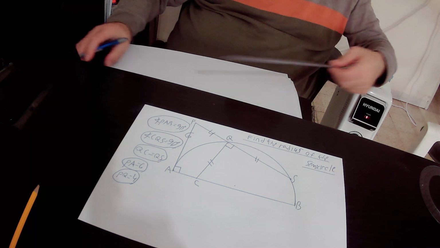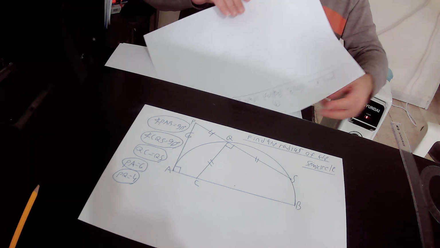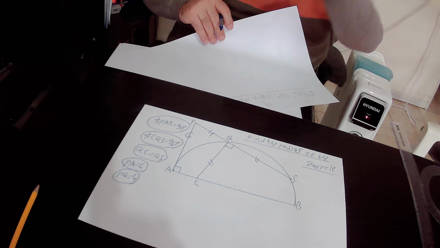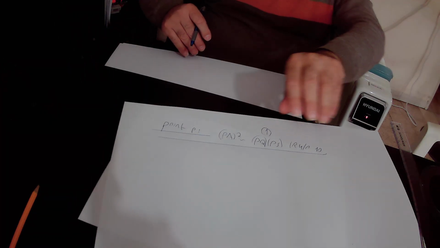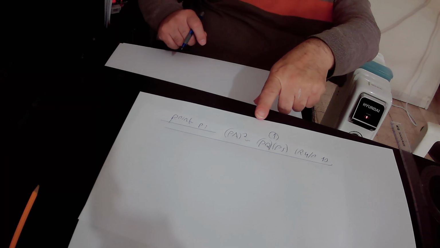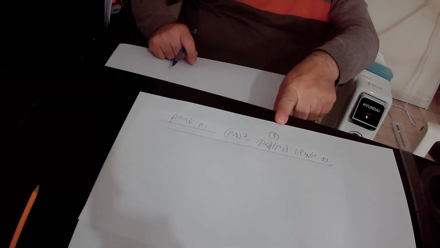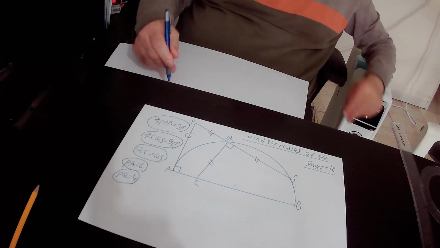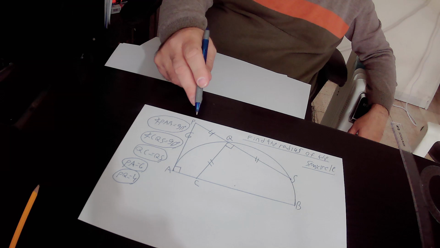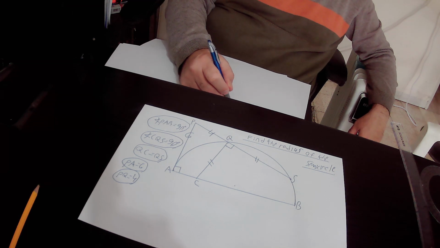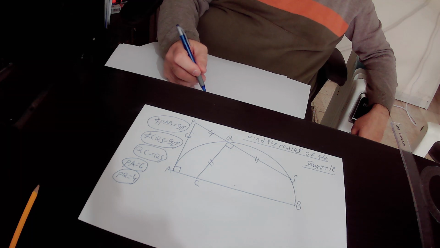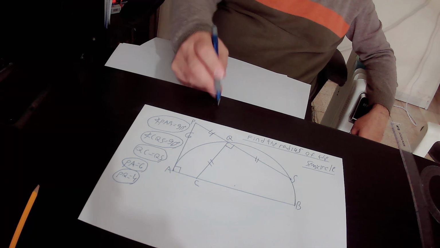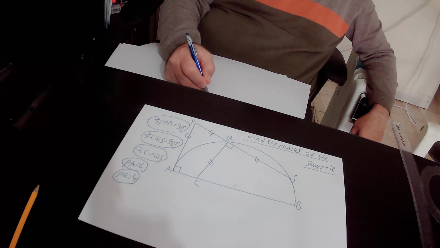Repeat again. According to rule number 10, if you focus at point P, we get that PA squared equals PQ times PS. PA equals 6, therefore PA squared is 6 squared, that is 36, and it equals PQ, that is 4, according to what is given in the question, times PS.